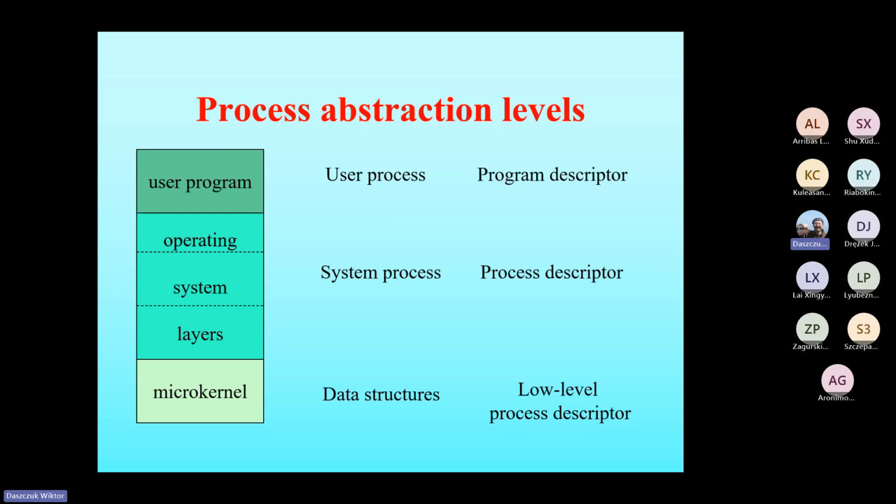When it comes to the microkernel, it is not a process anymore, because in the kernel, the processes are data structures, process descriptors. The kernel just incarnates to one process or another. And the process that runs on a processor is only one process, in fact.